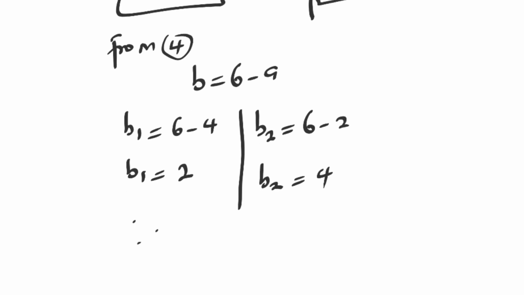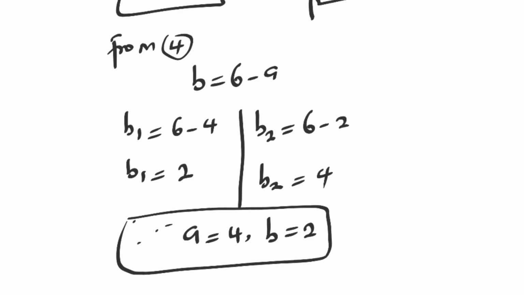Therefore, we have the value of a to be equal to 4, and then b is equal to 2. These are the corresponding values of a and b.